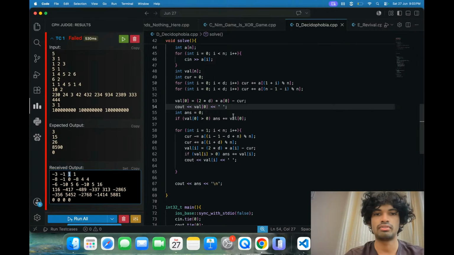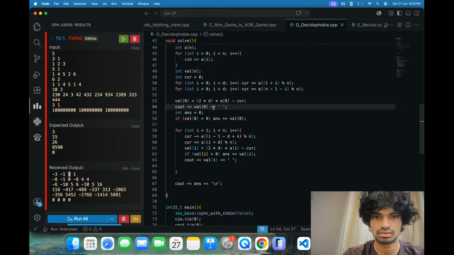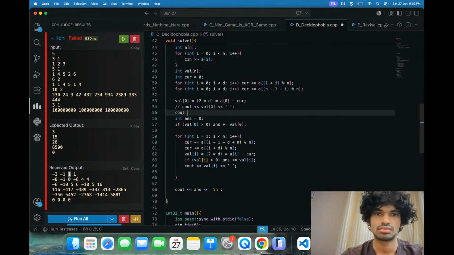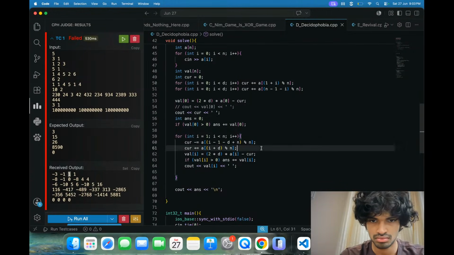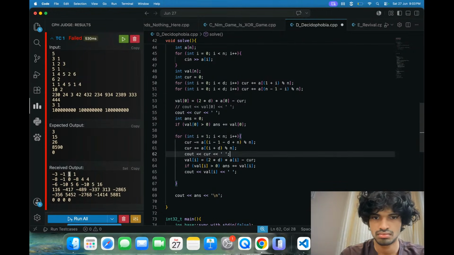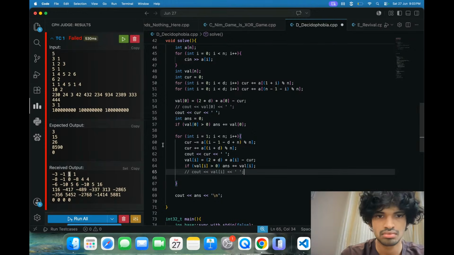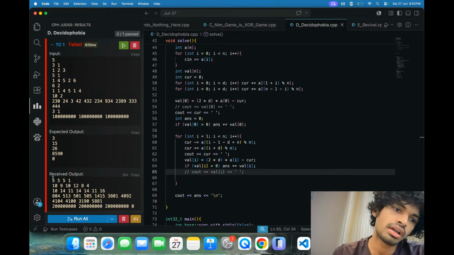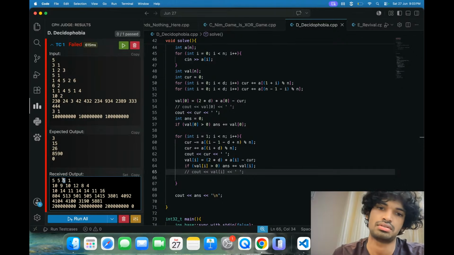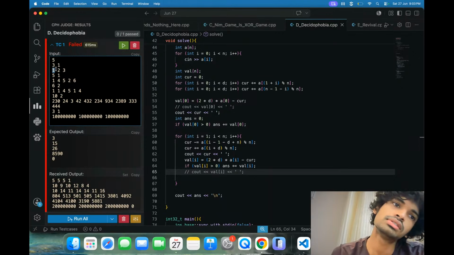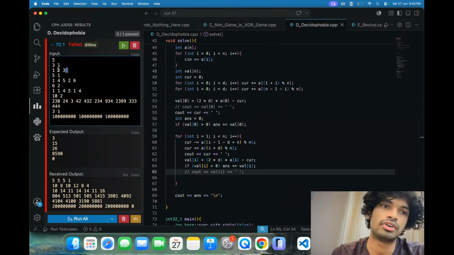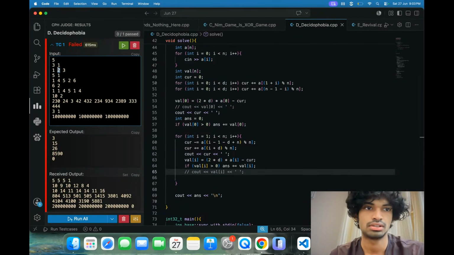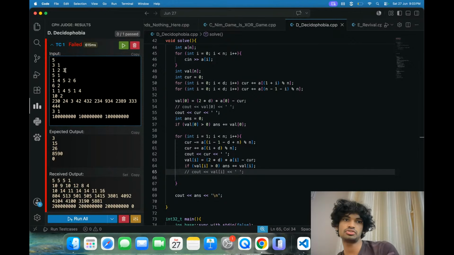Let me see cur values after all these things. cur is being 5, 5, 5. So for 1 it is 5. For 2 it should be changing. For 2 it should be 4. For 3 it should be 3.